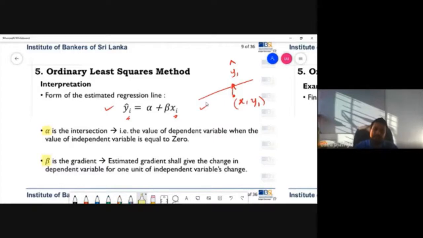Alpha is the intercept, beta is the gradient. So this height is the alpha, and this angle is going to be the beta. Simple line. We are done. Ordinary least squares method, this is the output, and this is how we are going to express it.